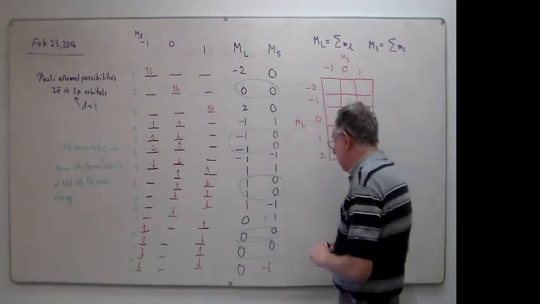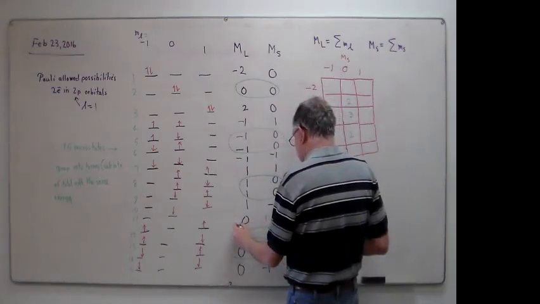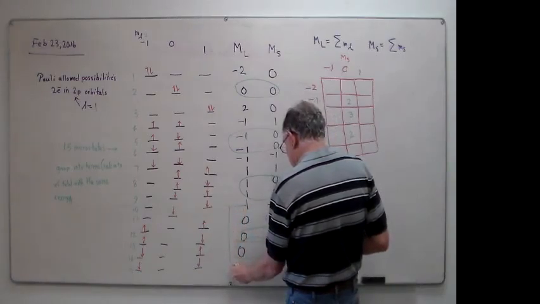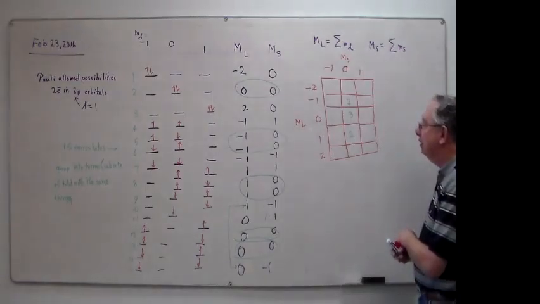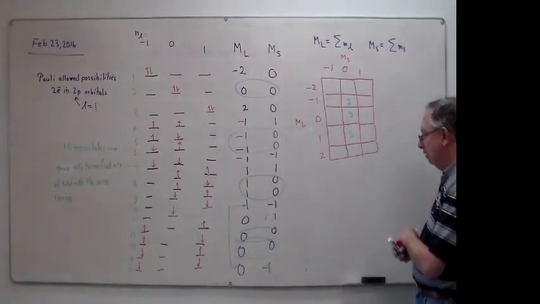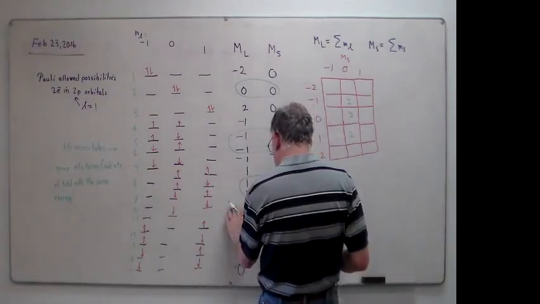How about 0, minus 1? How many of those do we have? 1. Oh, wait a minute, I was in the wrong place, sorry.